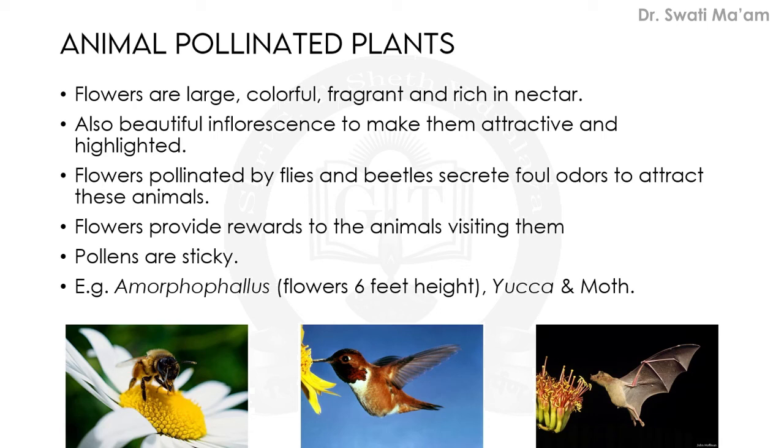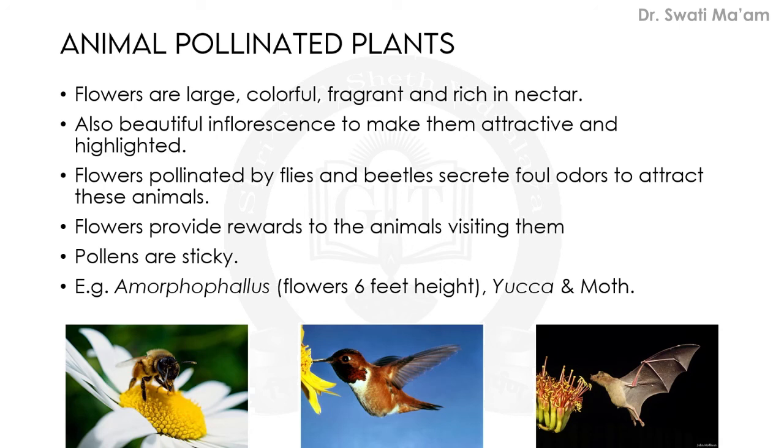And another example, Yucca and moth. Here, the moth and the Yucca cannot complete their life cycle. This is a very good combination of both species. They cannot complete their life cycle without each other. How? Let us see. The moth deposits its egg in the locule of the ovary, and the flower in turn gets pollinated by the moth.